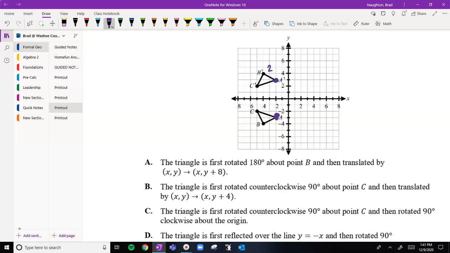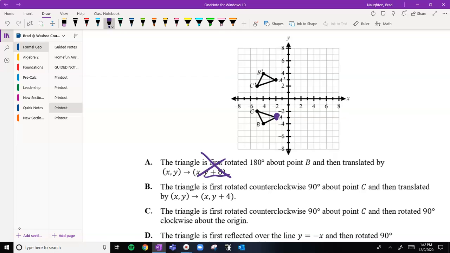So this is going to be the point 2, then 1, 2, 3, -2, 3. So 180 degrees would be 2, negative 3. So there's A prime right there. And then I'm going to move it up 8. Didn't work. Oh, I moved the wrong one too. So still didn't get us there.